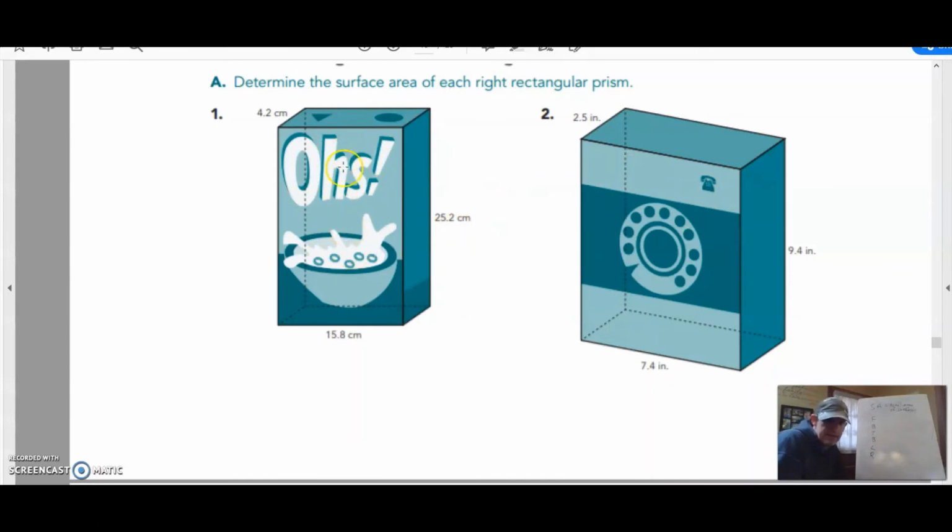So we're going to find the area of the front first. So we got 15.8 times this line, which is 25.2, because those lines are the same. So 15.8 times 25.2, and then the back is going to be the exact same, so we can kind of cut and paste that. 15.8 times 25.2.